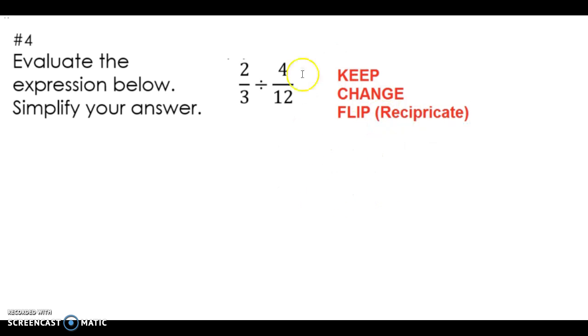Either way to remember it. I don't know if that's how you spell reciprocate, but it looks right to me. So I'm going to keep my first fraction, right? I'm going to change my sign to multiplication. And then I'm going to flip my second fraction, which means this is going to go on top. And this will go on the bottom. Right? Let's keep, change, flip.